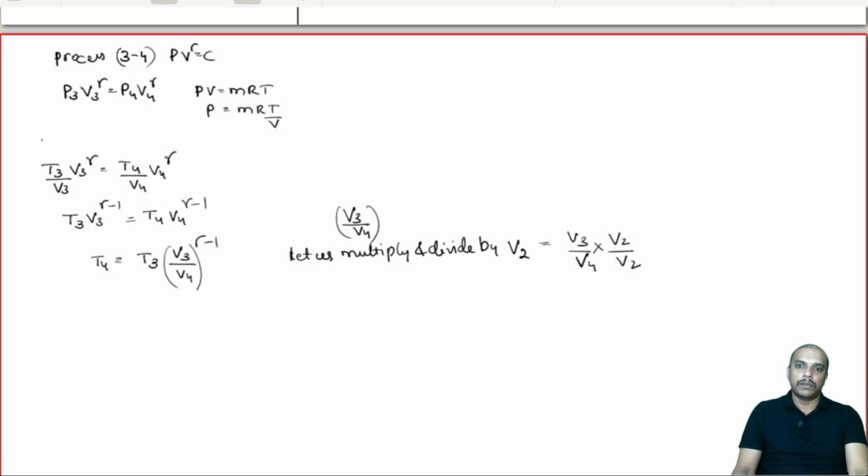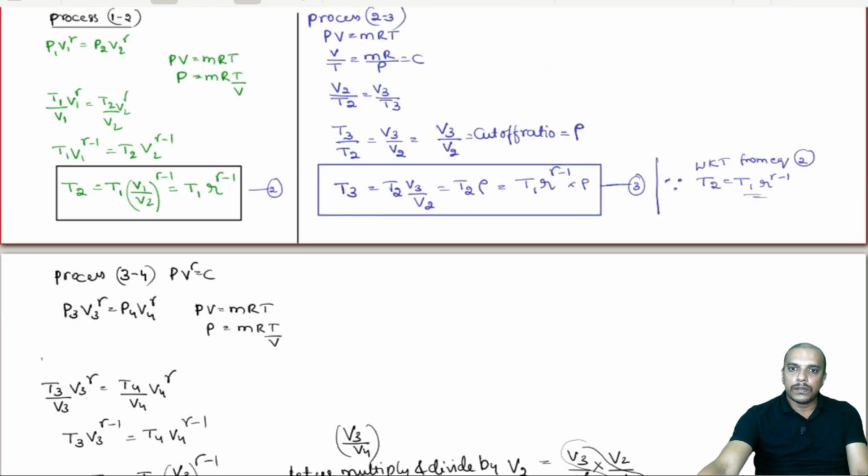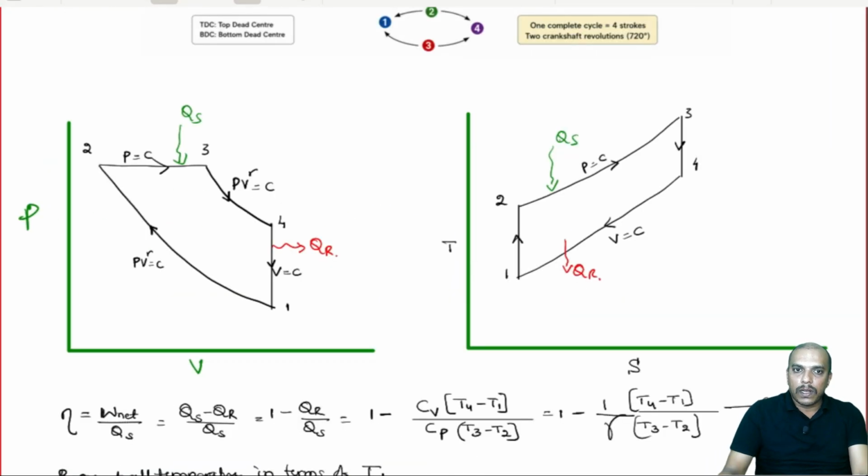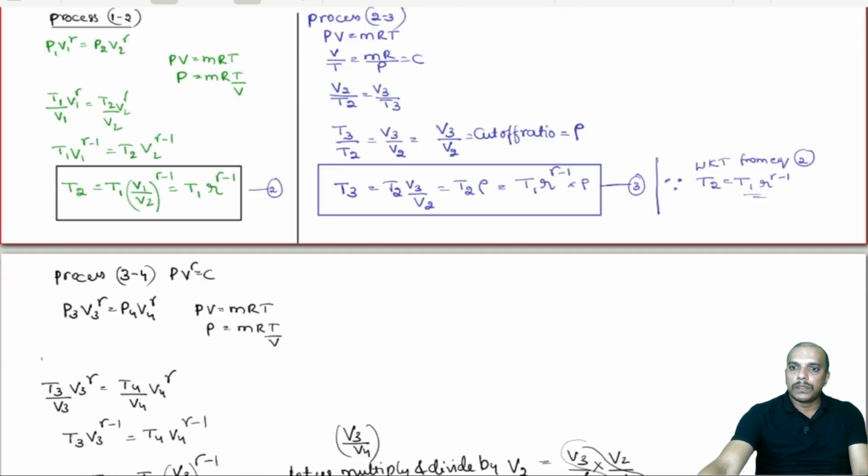We are not changing the meaning of this equation, we are dividing and multiplying by V2. Now, V3 by V2 is what? V3 by V2 is the cutoff ratio rho. I will also write it here because that is a very important term. V3 by V2 is equal to rho, that is the cutoff ratio.